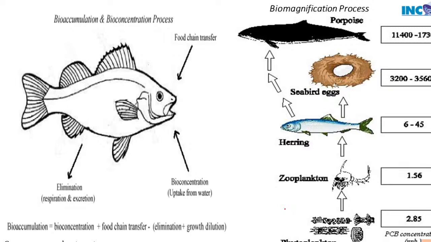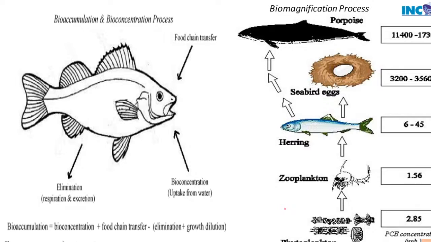Being hydrophobic, the material will not dissolve in water, and finally it gets accumulated in fatty tissues because it is lipophilic, and then gets into different organs. Bioaccumulation is also the transfer of pollutants through planktons, and through the food chain the transfer occurs.